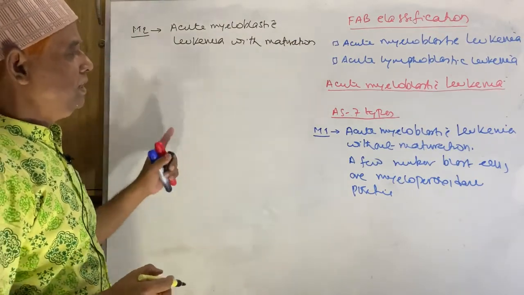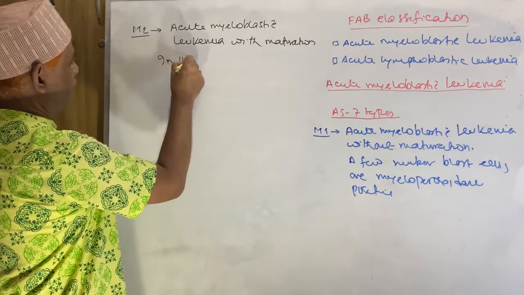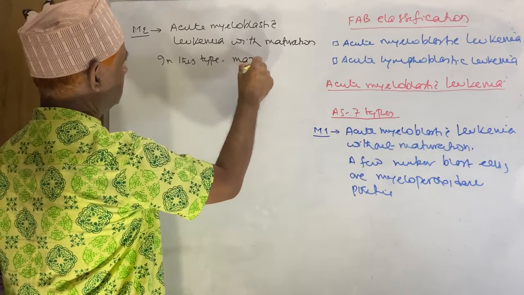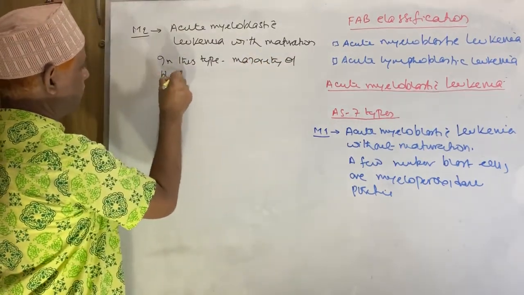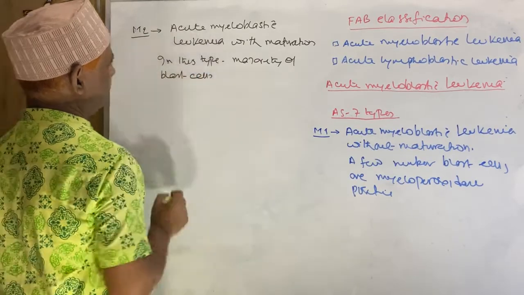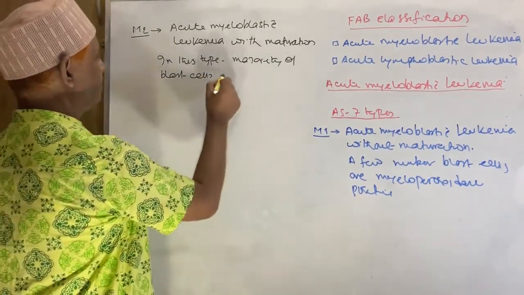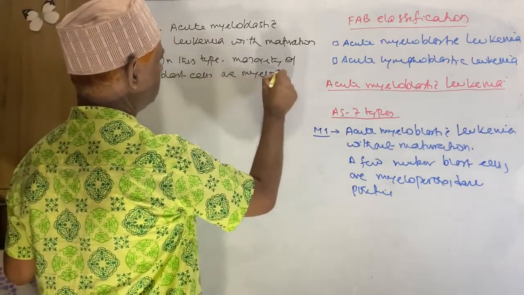What it says, in this type, the majority of blast cells, or majority of immature blast cells, are myeloperoxidase positive.